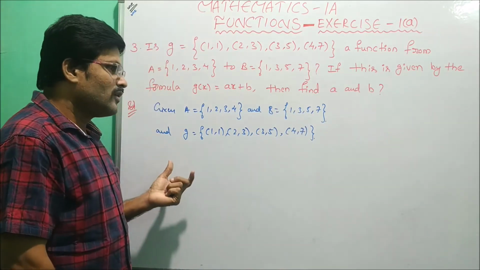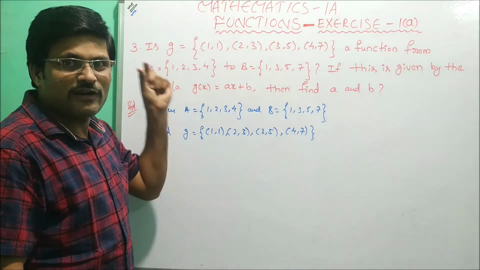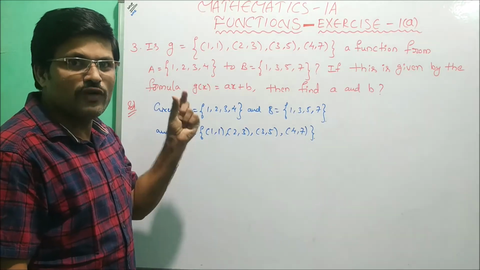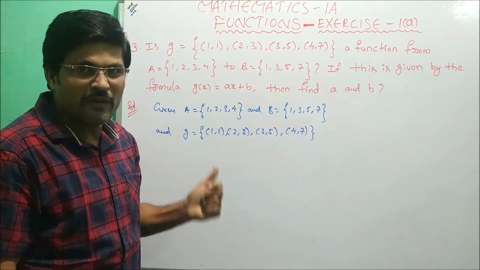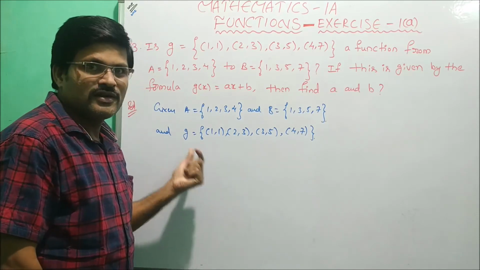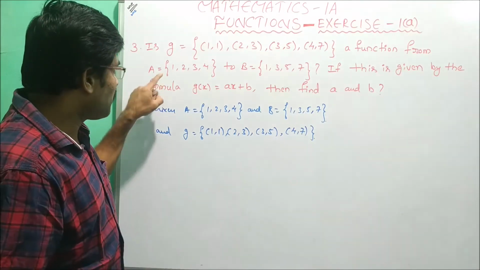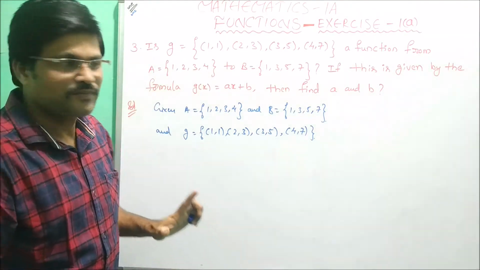Therefore, we go to the definition of function: every element in the domain set has a unique image in the codomain set. So this relation holds here. Therefore, this relation is a function from A to B.